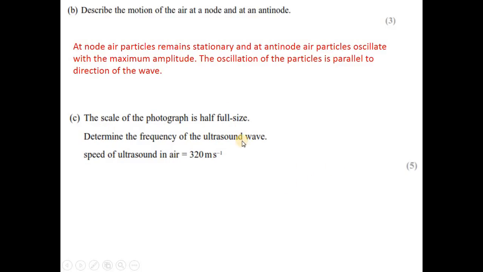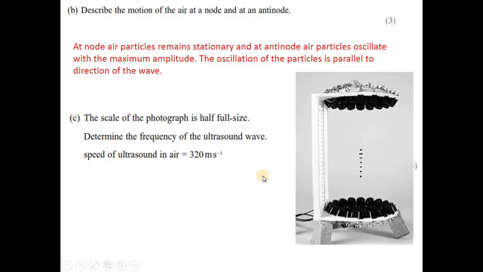So in this question, on this computer, I cannot show you the actual size, but suppose this is the picture in your question paper, and I am assuming that this is a scale photograph. The meaning of half full size is whatever measurement you are taking from the picture, the actual measurement will be double.